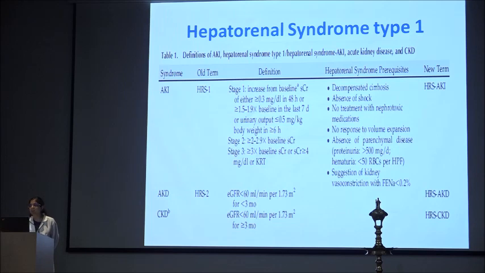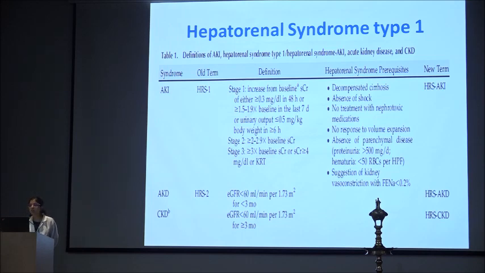HRS-1, which is like HRS-AKI, is divided as per the KDIGO into stage 1, stage 2, and stage 3. Stage 1 is when the serum creatinine, as we've already discussed, rises by more than 0.3 milligram per deciliter in 48 hours, or when there is a 50% increase in the creatinine in the last 7 days, or when the urine output falls to less than 0.5 ml per kg in more than 6 hours.